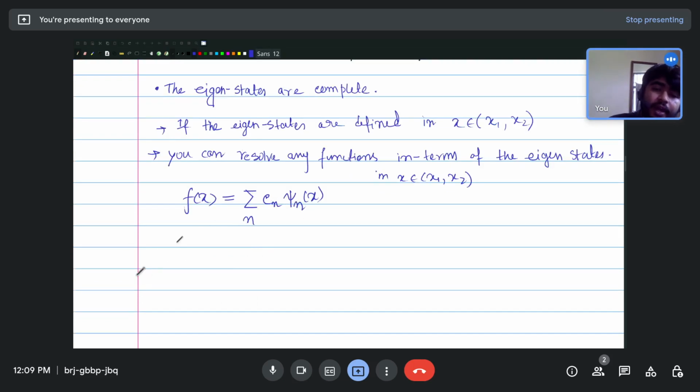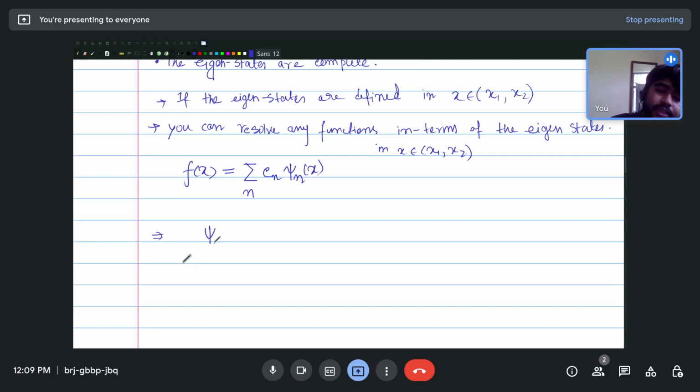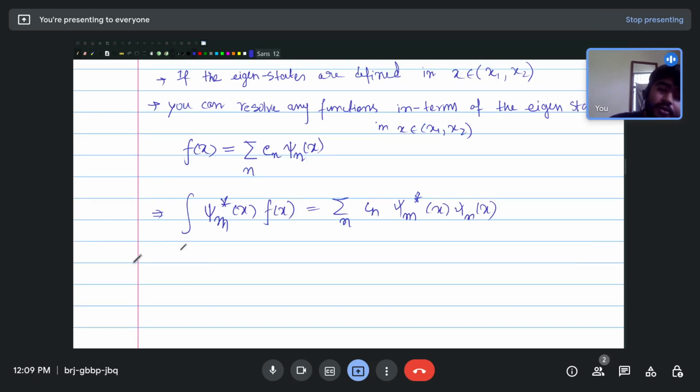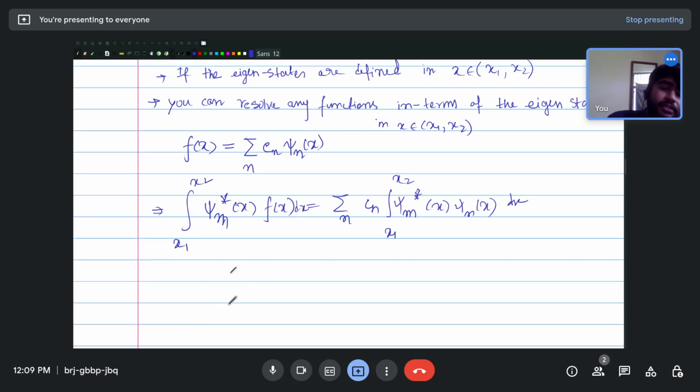And how do we find Cn? To find Cn, we multiply this whole thing from the left with psi m star of x. Then we have Cn, psi m star x, psi n x, and we take an integration over the whole region, from x1 to x2, dx. Now we know that the eigenstates are orthonormal, so this quantity will give you a Kronecker delta m comma n.